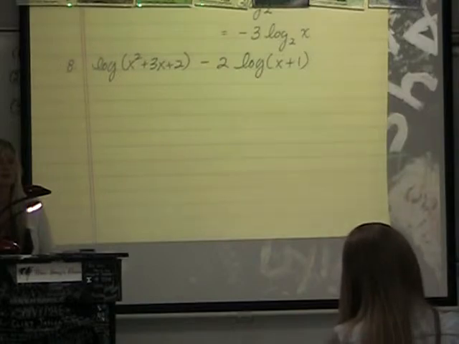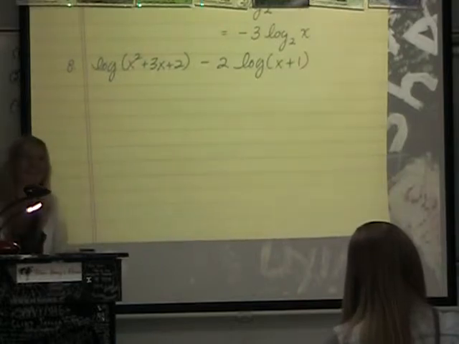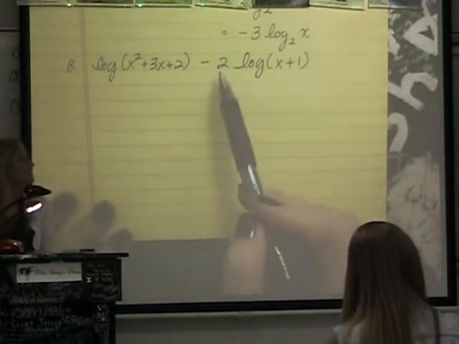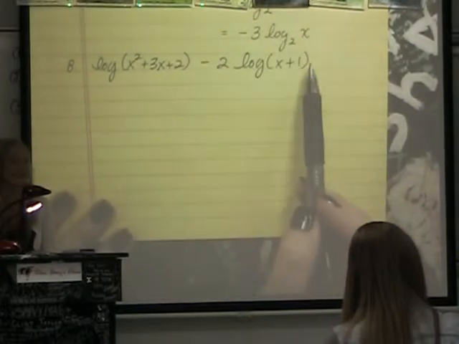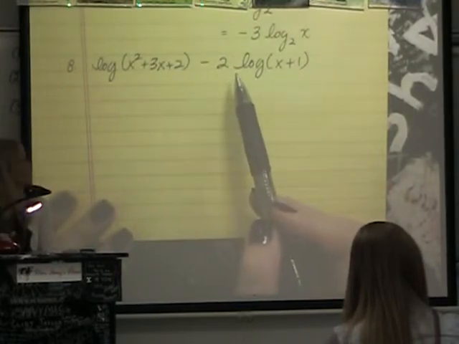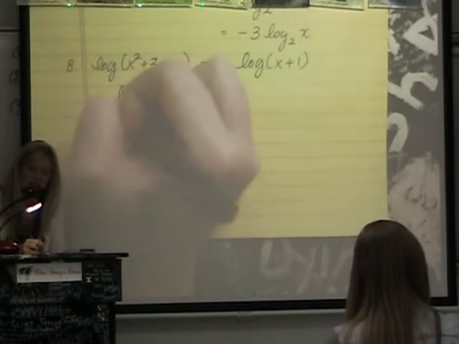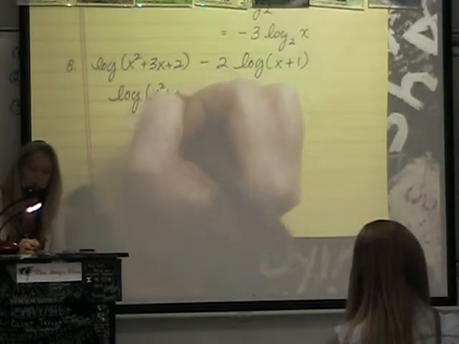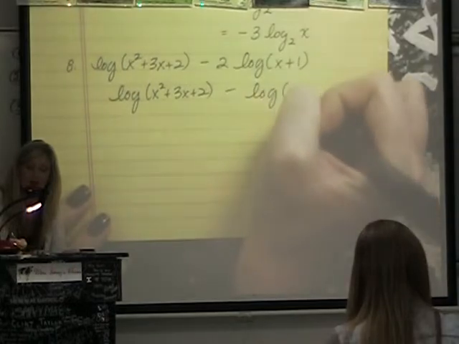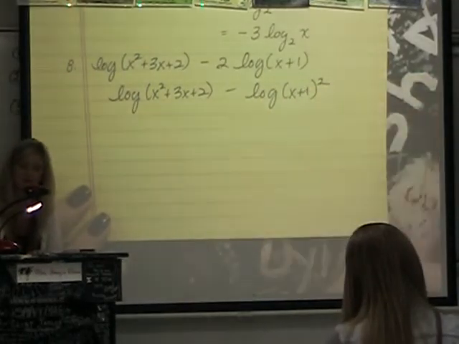I heard somebody whisper. Yes, move the 2 up to the exponent. This 2 becomes an exponent on the x plus 1 only because it's the only thing getting multiplied by the 2. So I'm going to write it as log of x squared plus 3x plus 2 minus log of x plus 1 squared.